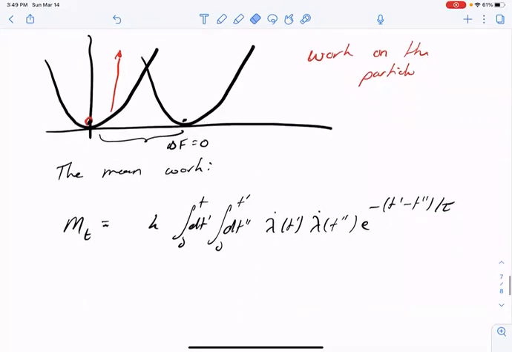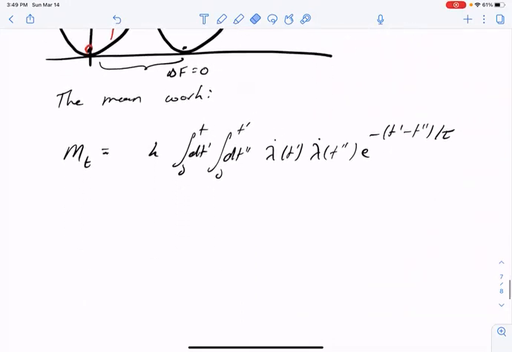So the reversible limit should correspond to this mean value of the work being 0. So how does that mean value of the work be 0? Well, there's a trivial answer in which I don't do anything. Lambda dot is 0.